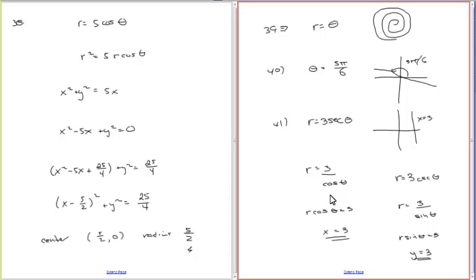37 and 38 are r is equal to sine theta and r is equal to 5 cosine theta. Those end up being circles. R is equal to sine theta, I think, is a circle that is along the y-axis. It has a radius of 1, I think.